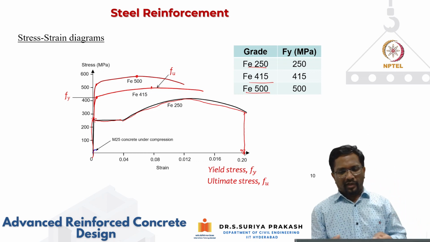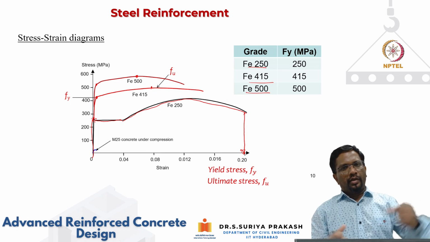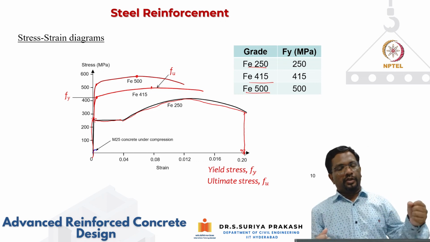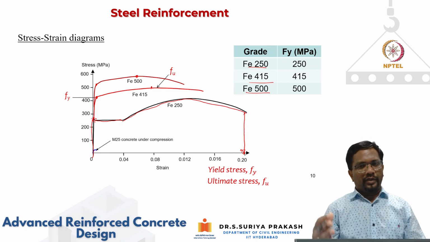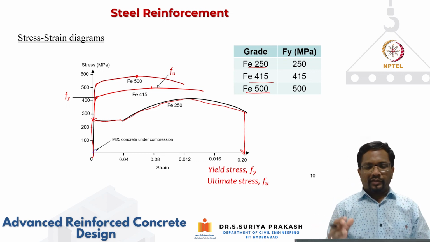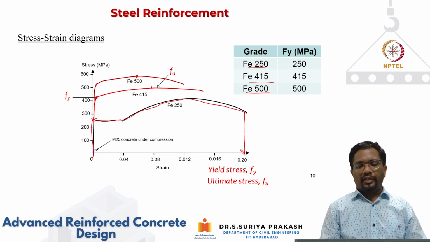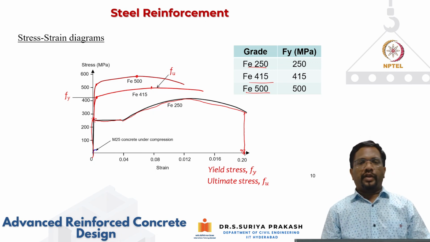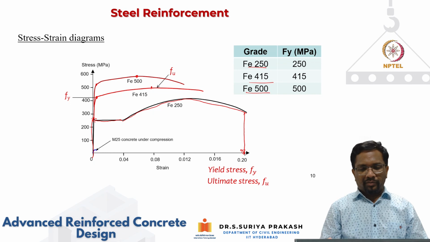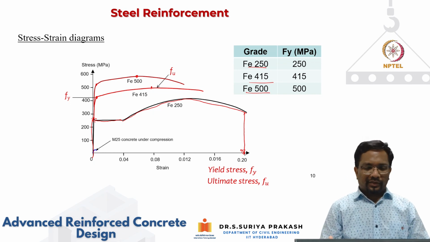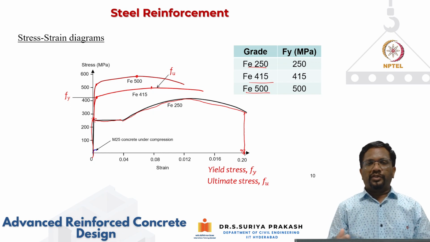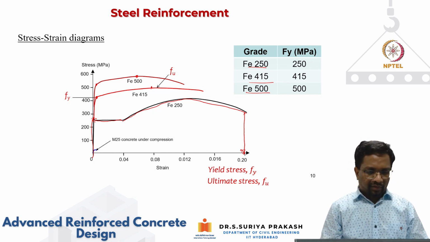If you take a 100 bar, the length becomes 120 before it fractures. That is why steel provides a good amount of ductility for reinforced concrete systems, and it gives enough warning in design. So that is why steel is the preferred reinforcement with concrete.